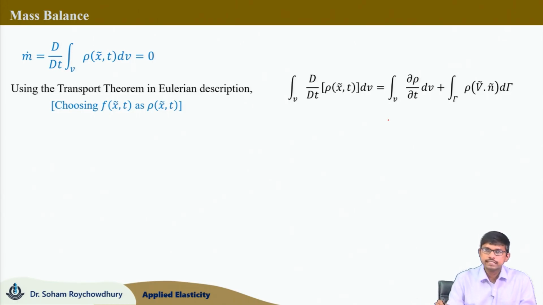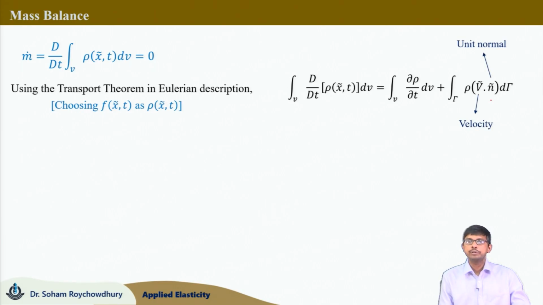Substituting that in the transport theorem, we get d dt of the integral of rho dv equals the integral over dv of del rho del t, plus rho times v dot n, where v is the velocity vector, n is the unit normal on the surface, and this last term is an integral over the surface d gamma.